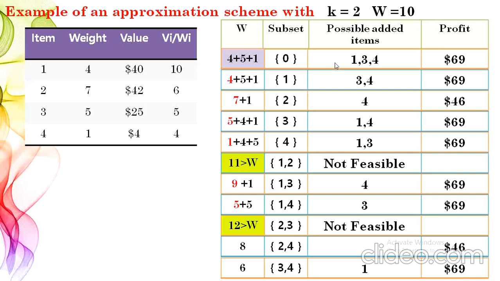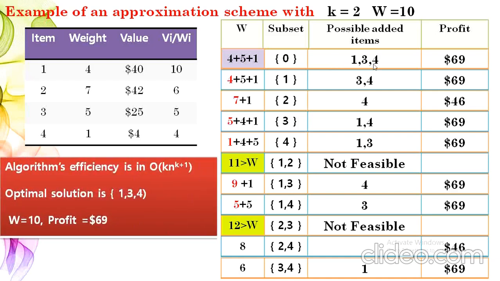That is the beauty of approximation scheme. So your final conclusion is the algorithm efficiency of approximation is order of k, n power k plus 1, and the optimal solution is 1, 3, 4 with total weight utilized 10 and profit is 69.